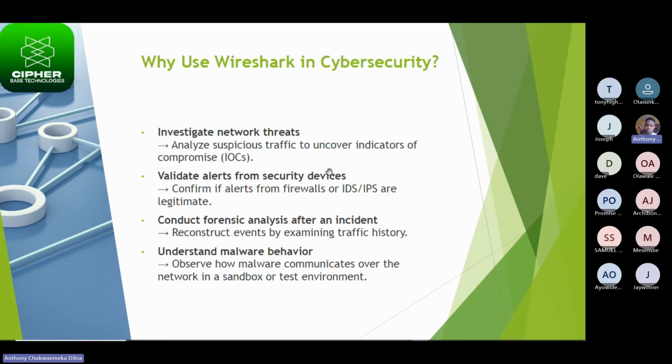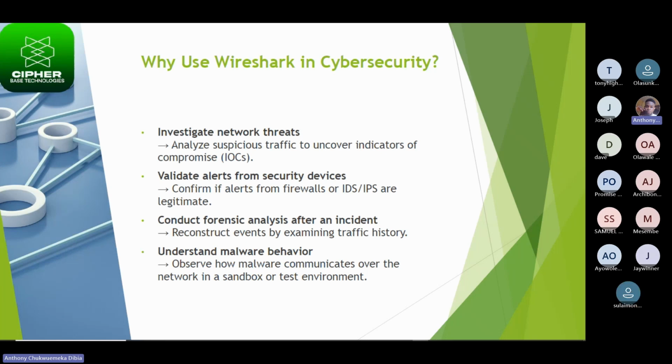What do they mean by indicators of compromise? Indicators of compromise are events that occur that might actually be a threat to the organization. For instance, probably as a SOC analyst, you are monitoring logins of users or employees in an organization, and you notice that someone logs in at a time when the person is not supposed to log in.